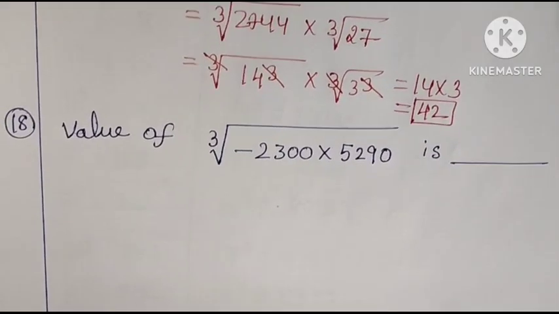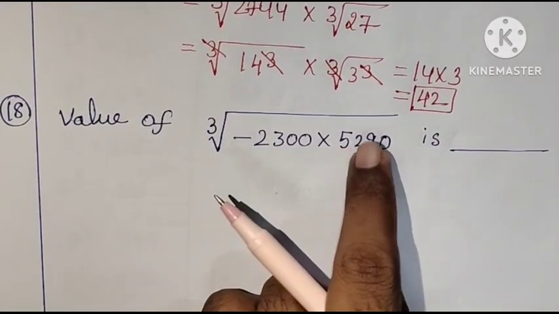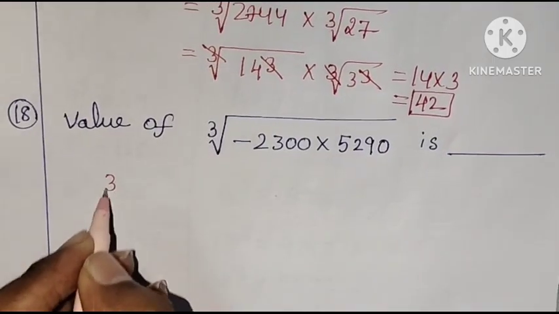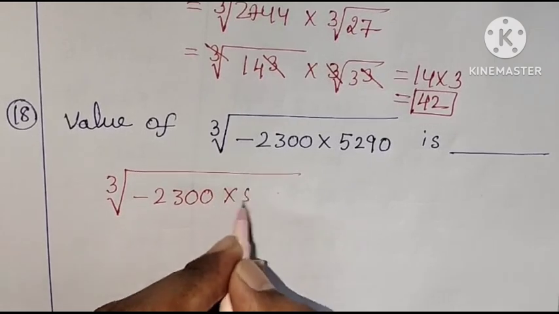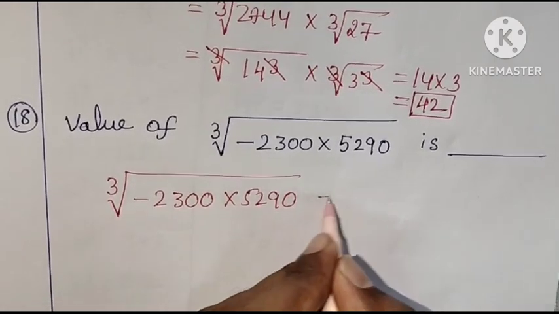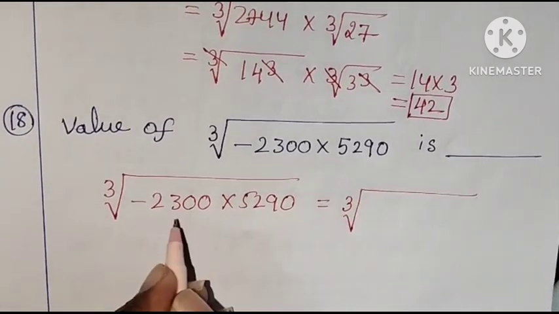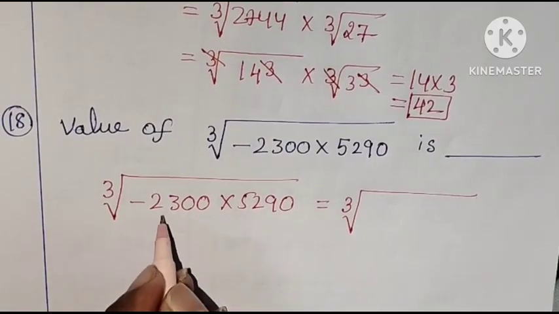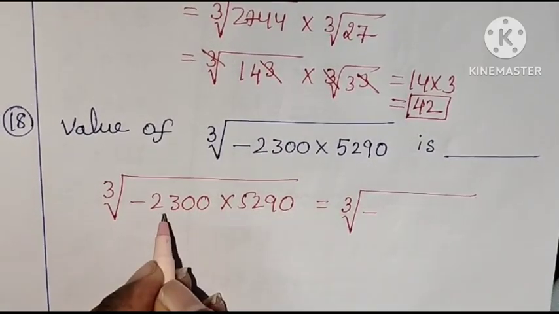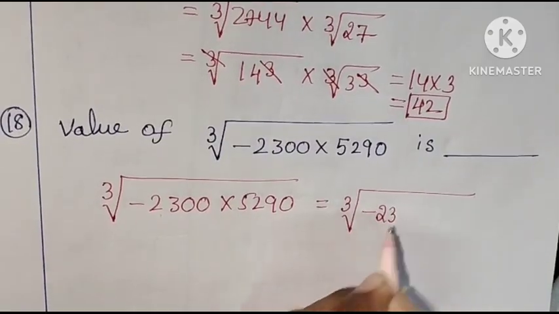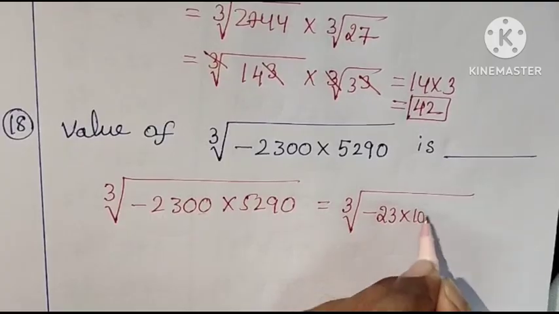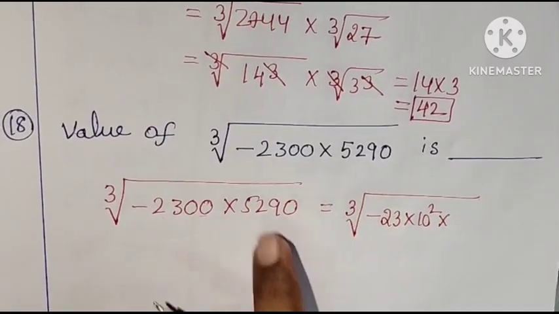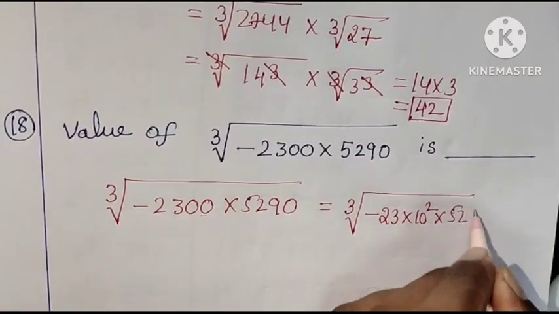The value of cube root of minus 2300 into 5290. Cube root of minus 2300 into 5290. So cube root of minus 23 into... 2300 can be written as 23 into 10 square, and 5290 can be written as 529 into 10.